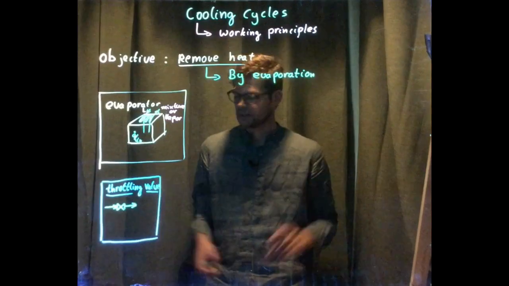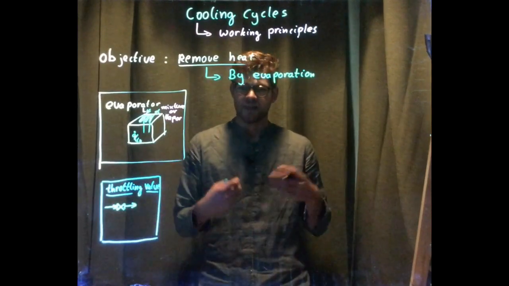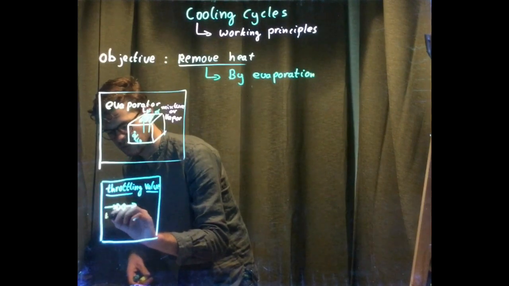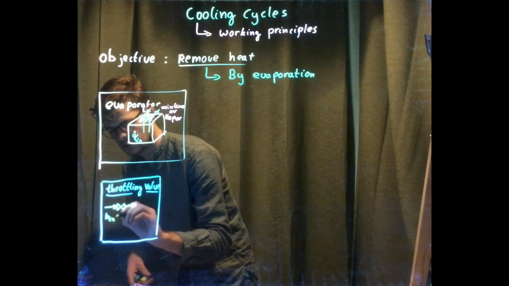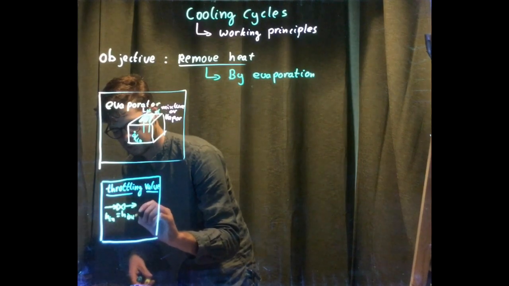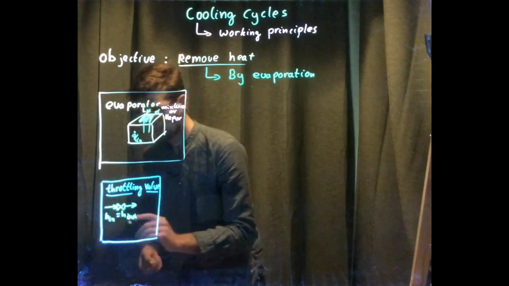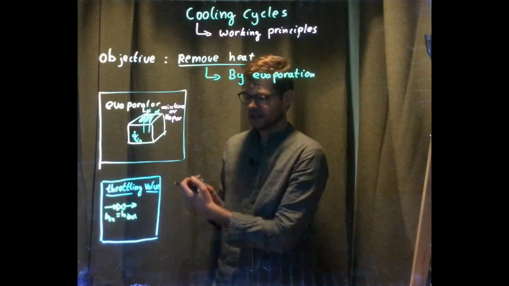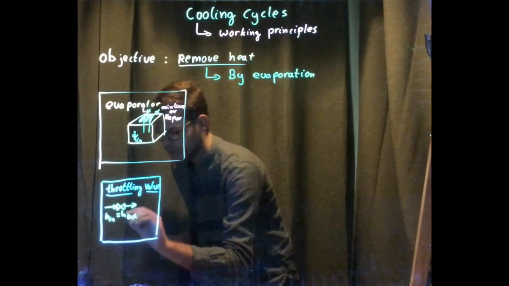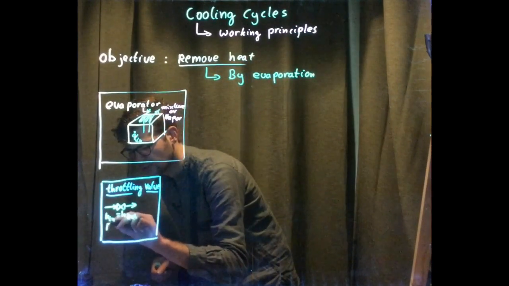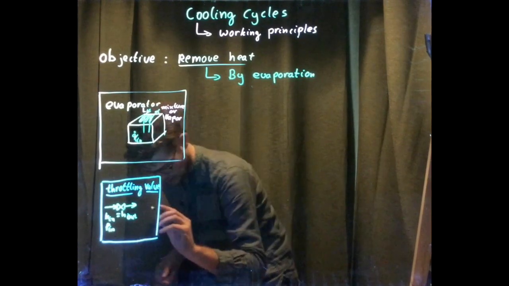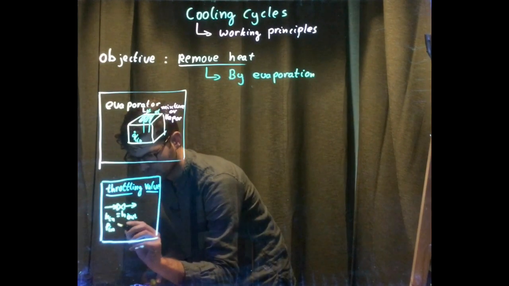And as you know, energy can never be lost, so the enthalpy of the flow going in is equal to the flow going out. But the throttling valve is used for expansion of a fluid, so the pressure going in is higher than the pressure going out.